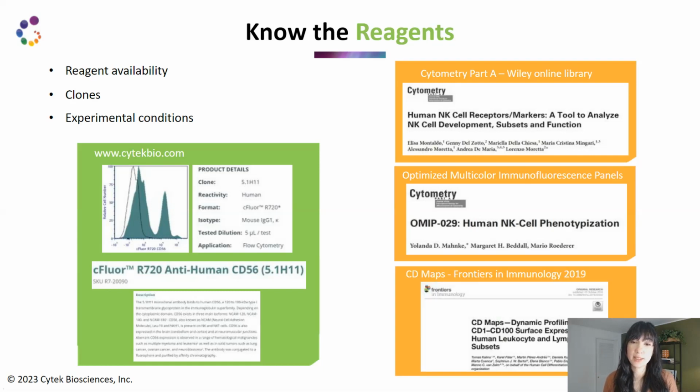And then a last reference that I will point out is this paper in Frontiers in Immunology. If you're interested in human markers, specifically human immune markers, there is this paper that gives you a ton of information about the CD markers numbered 1 through 100. So that's another great resource there. But again, do your research and figure out what is available in your field.